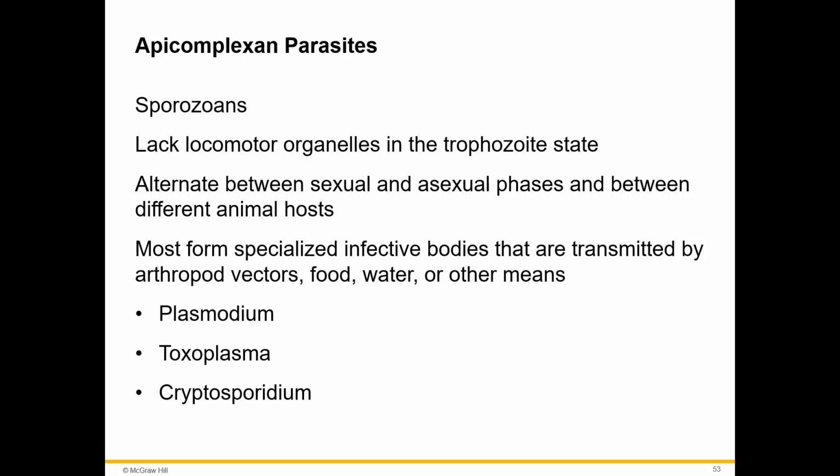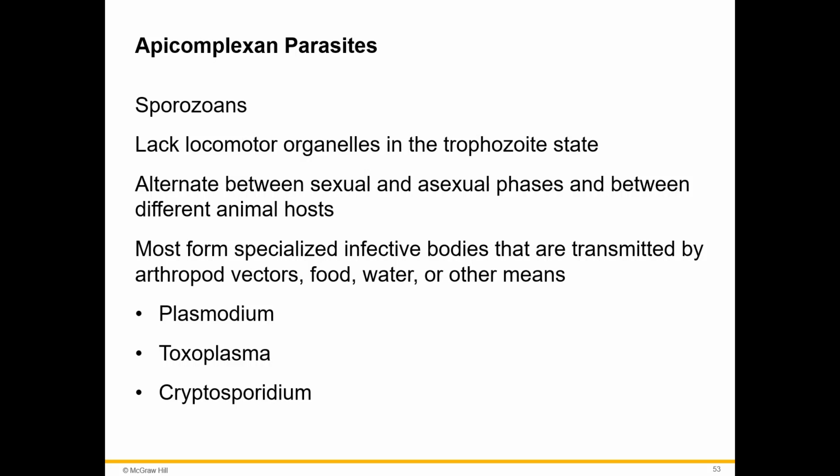Well, we'll find out. So they alternate between sexual and asexual phases, and also between different animal hosts. And so they can form specialized bodies to infect people, that are transmitted by vectors.